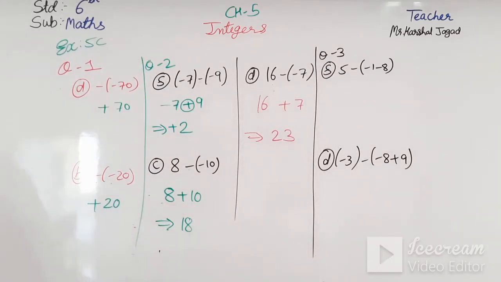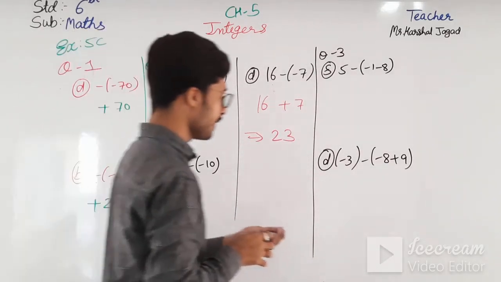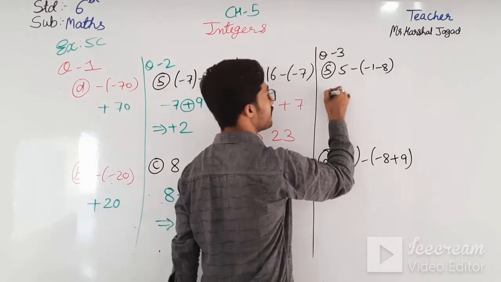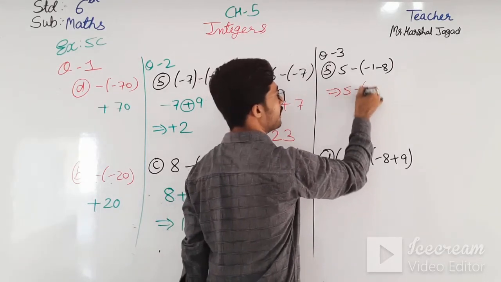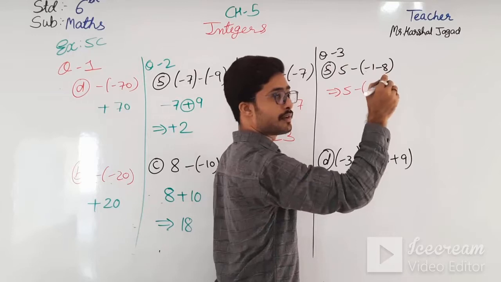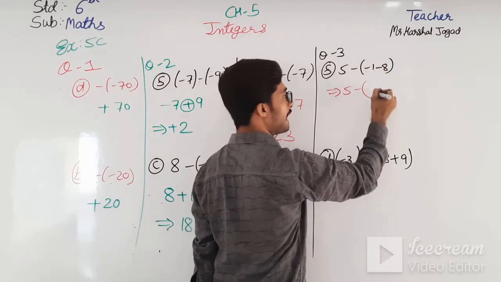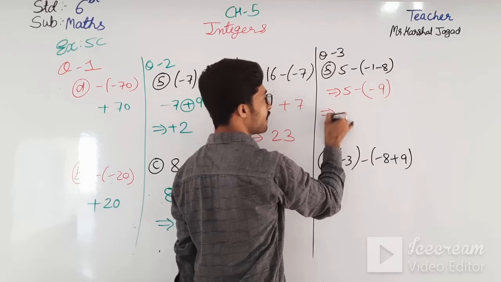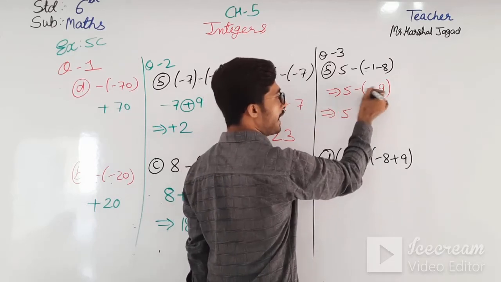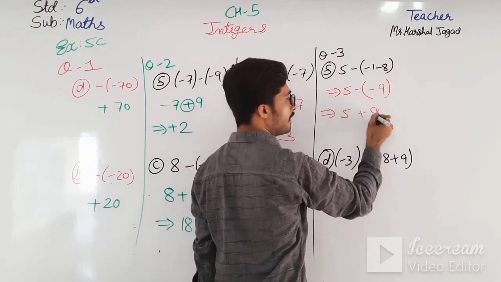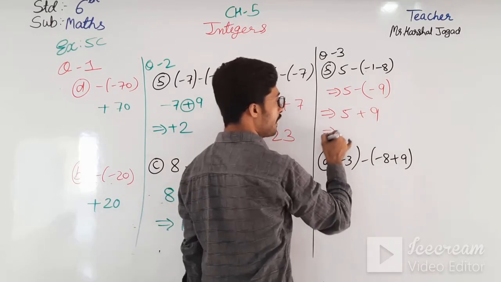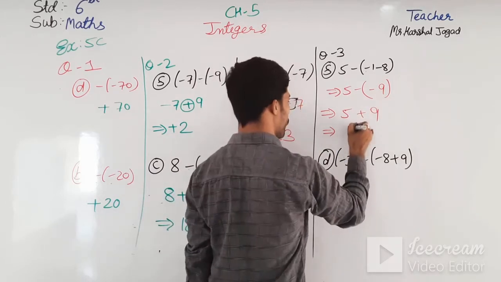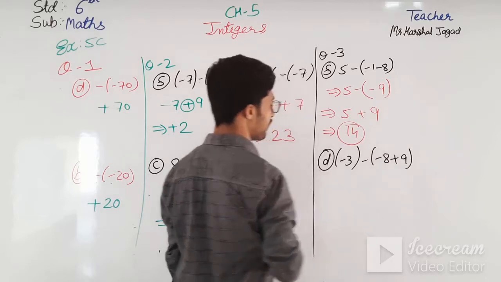So how will we solve this? Here it is 5 minus plus, so 8 plus 1 is 9, but the sign will remain minus. Then comes 5 minus plus, then 9 plus 5, that is 14 is your answer.